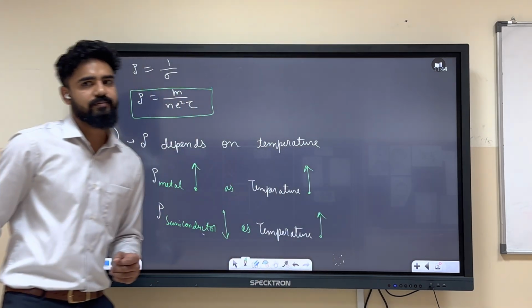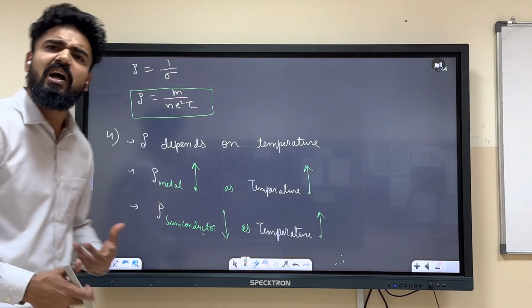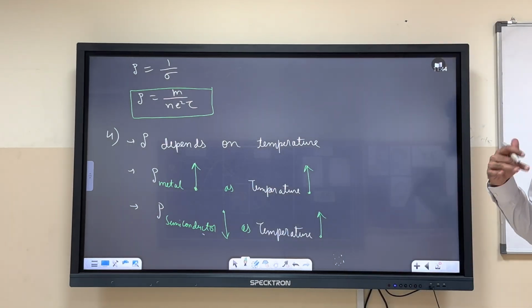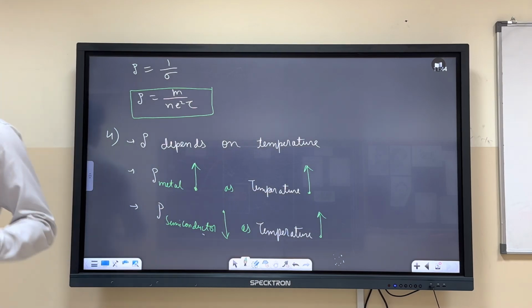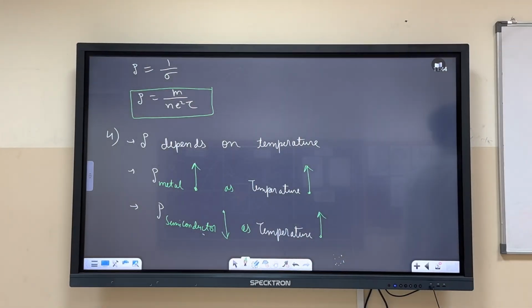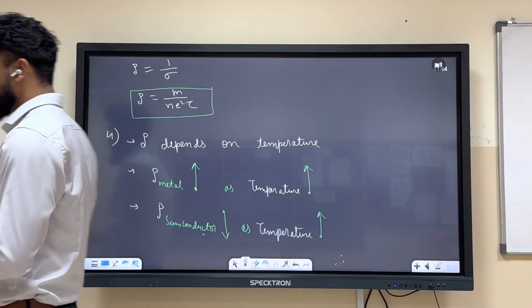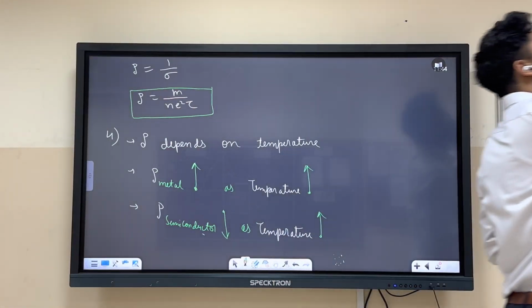Okay, something we should remember, and anyways from grade 10 we all know, if we increase temperature, for a semiconductor its resistance will decrease. For metal, its resistance will increase. If the phone gets hot, it will create more resistance, right? So if the metal gets hot, it will have more resistance.